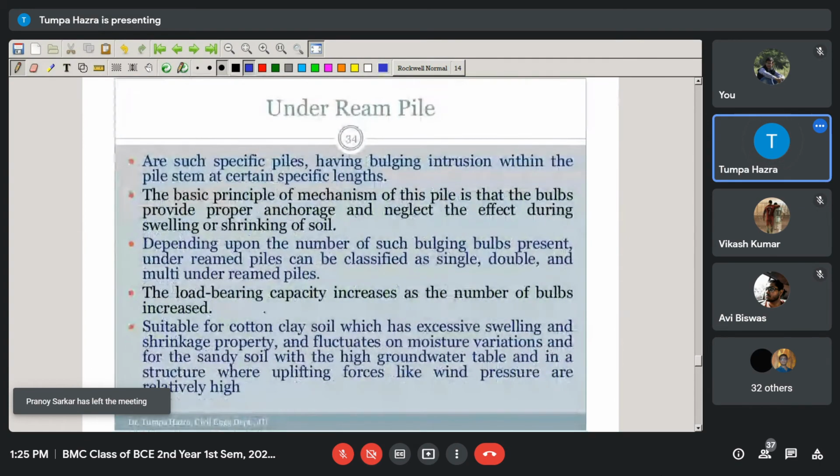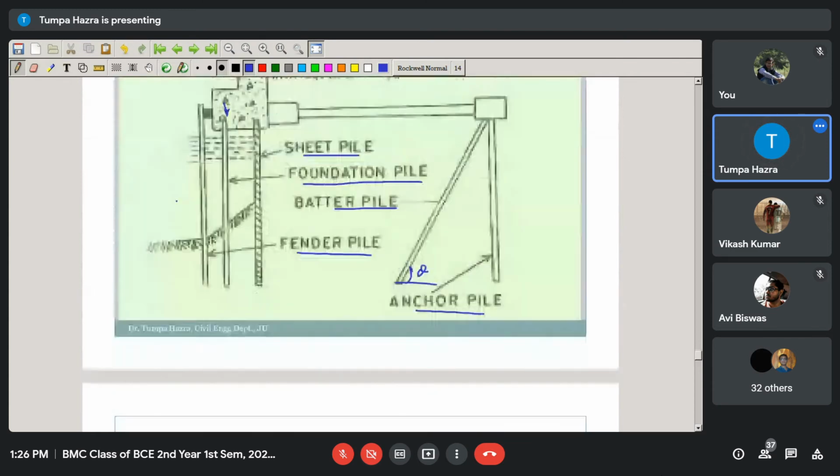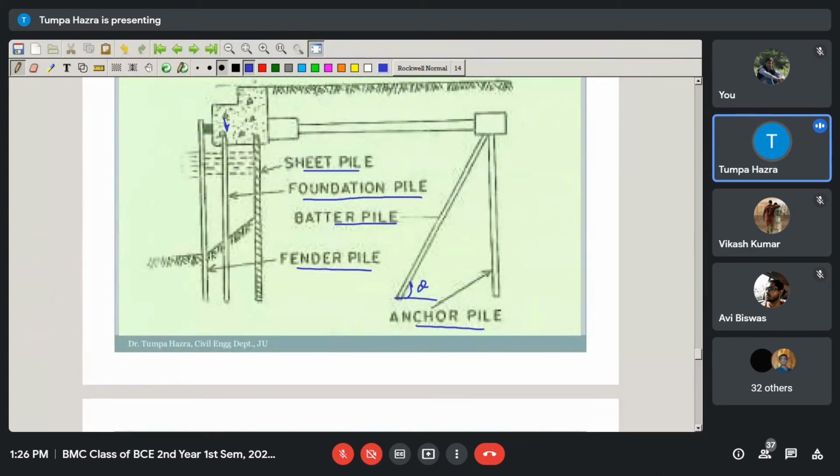Then another type of pile, this is a typical type of pile. All these piles that I have shown here are driven piles. Driven piles may be cast in situ or precast.